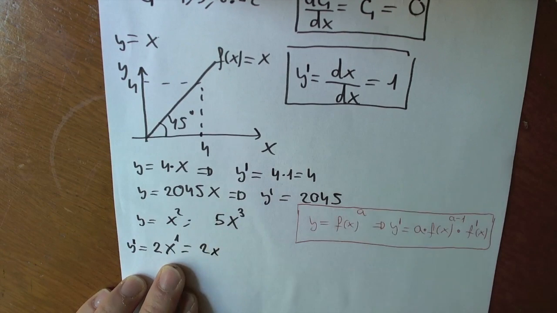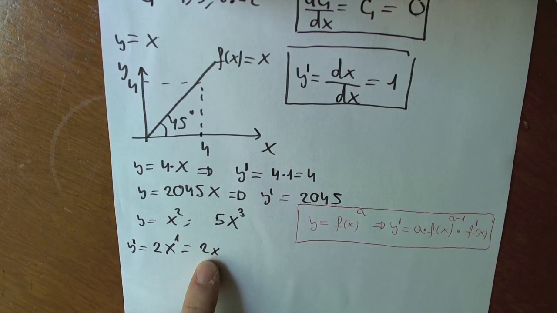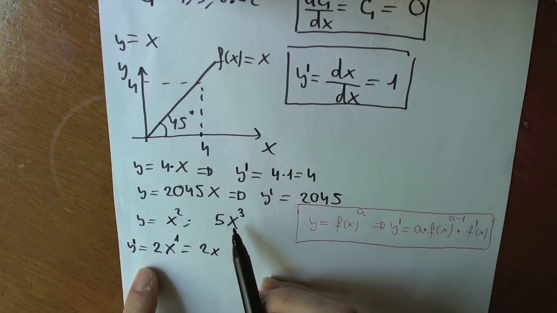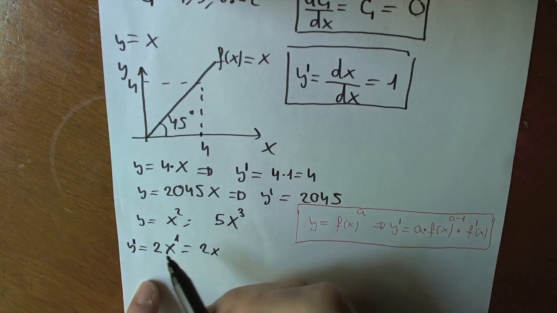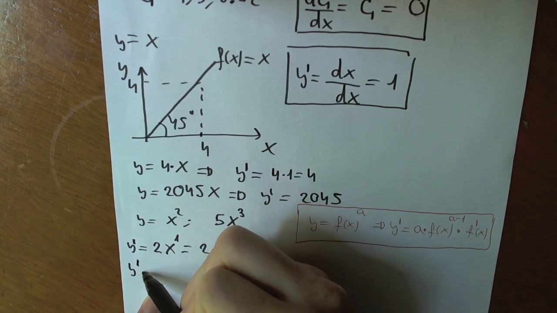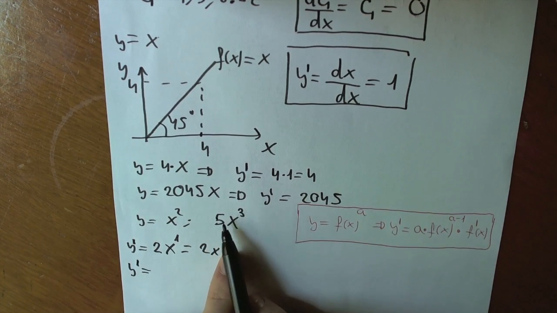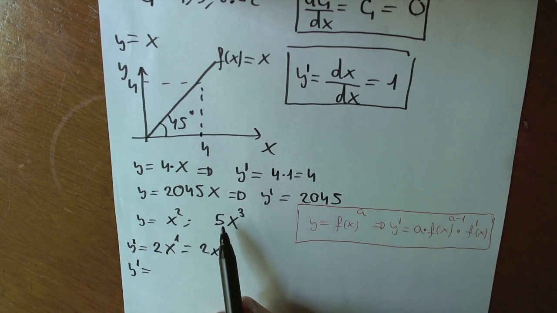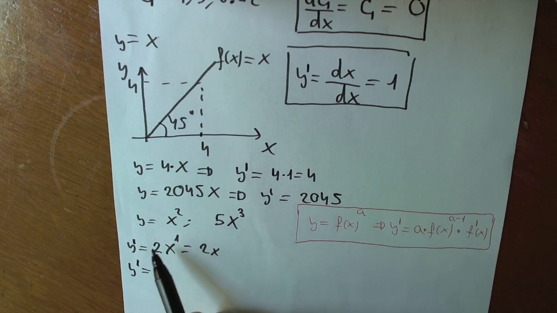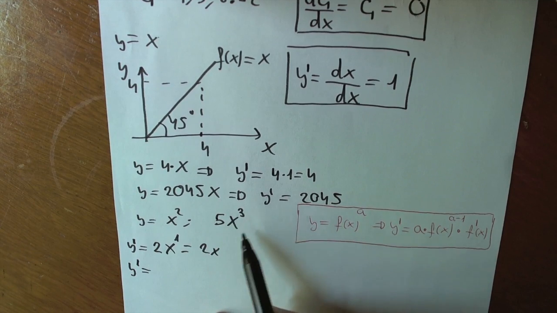You see, the 2 went down. So it was very easy. But if the function is 5x to the power 3, we just proceed the same. The 3 goes down, multiplying. Remember what I told you first: if there is a constant, the constant just stays out, and we derive the variable. The constant is 5, it stays out.